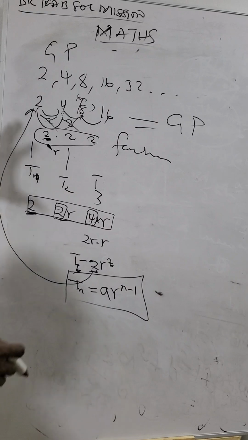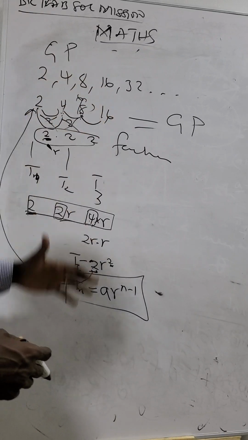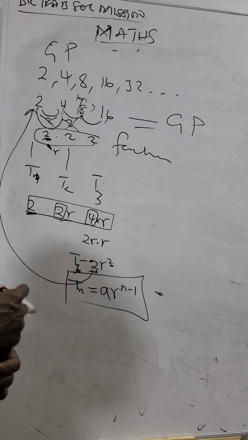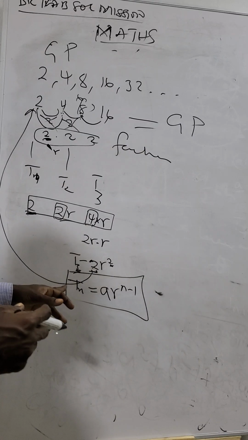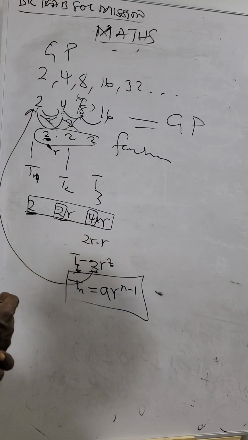So you see, it becomes very easy. If you look at the pattern, you pick an example, you should be able to derive the equation, and that is the formula for geometric progression, geometric sequence, right?